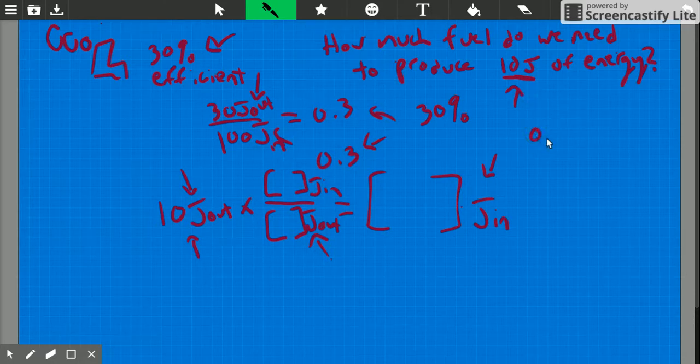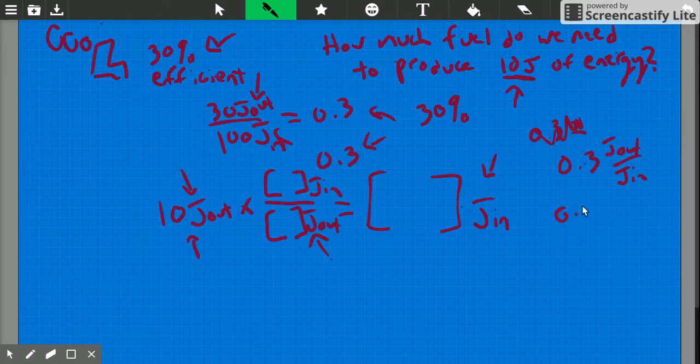All right, but as we saw before, 0.3 is a conversion factor, and I'm going to rewrite this. We have 0.3 joules of output per joule of input. 0.3 units of energy output per unit of input. Okay, but what I need is a conversion factor that has units of input energy in the numerator and output energy in the denominator.